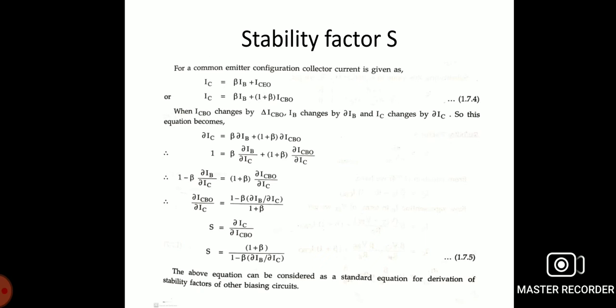For the fixed biasing circuit, the first biasing method of BJT configurations, the base current is equal to the supply voltage minus the base-emitter voltage divided by the base resistance. Here the base resistance is unchanged by ∂IB, so the threshold voltage and the base-emitter voltage are unaffected. So ∂IB divided by ∂IC is equal to 0.